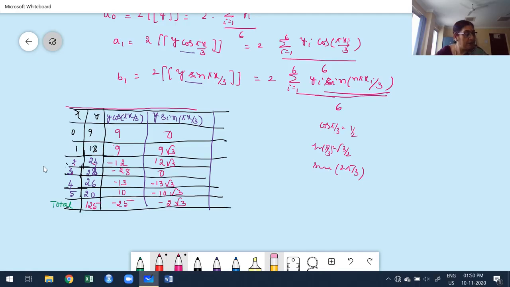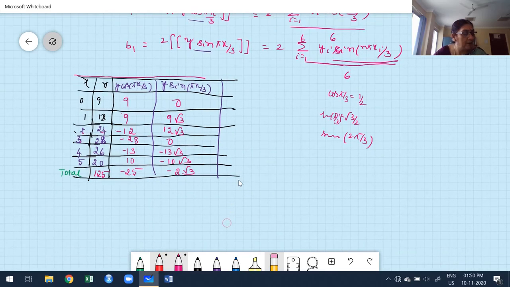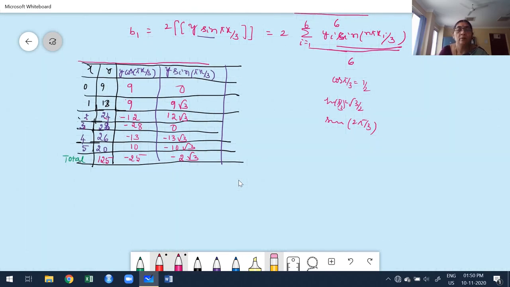Once we get the total, you have to find A naught, A1, B1. What is my A naught formula? A naught is 2 into the sum of these values, 125, divided by the number of values, which is 6.